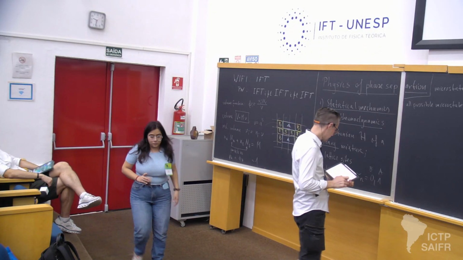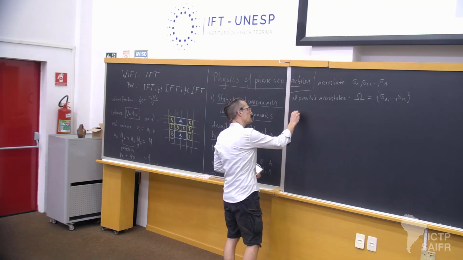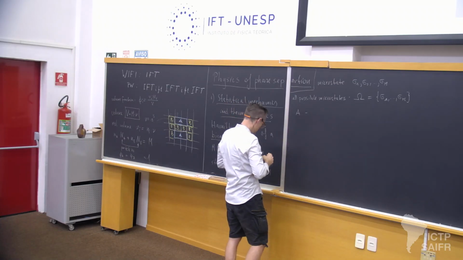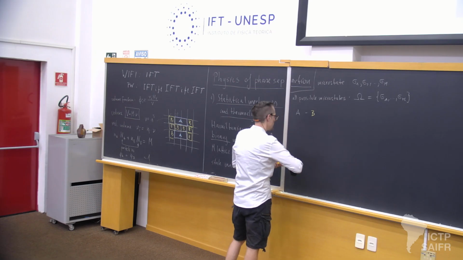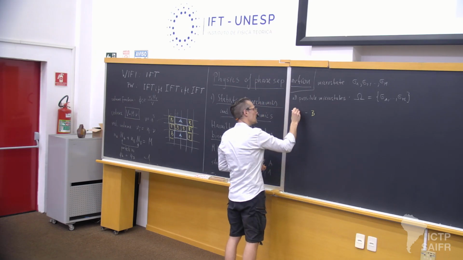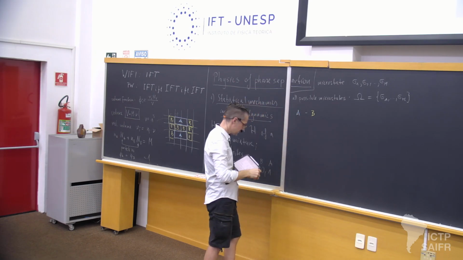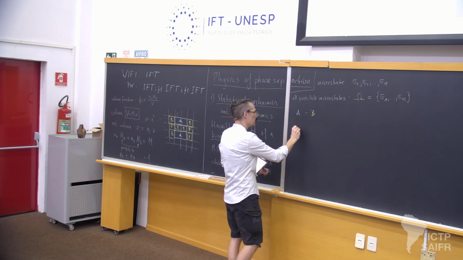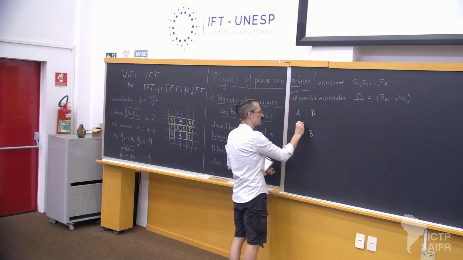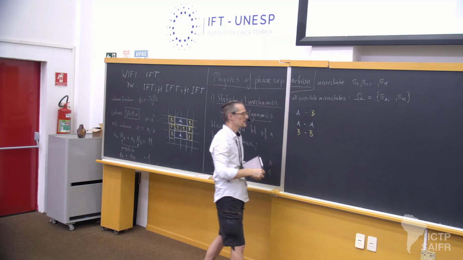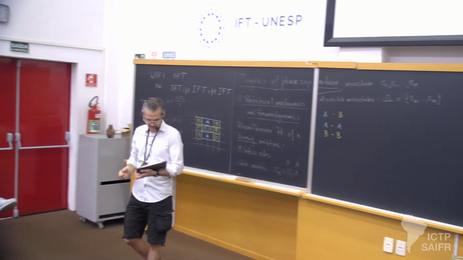Good. So different to the Ising model, we have these two different particles. We can think about different interactions, BB interactions and AA interactions. This we don't have for the Ising model.